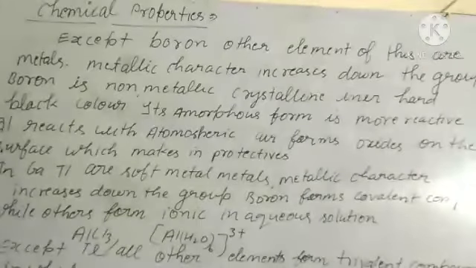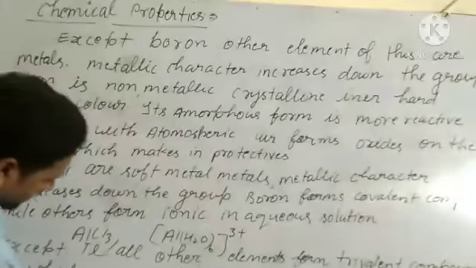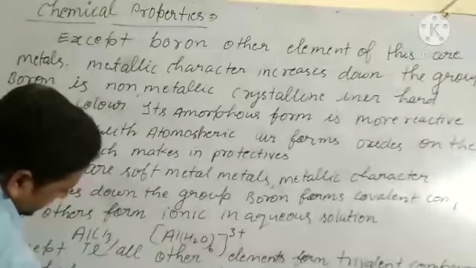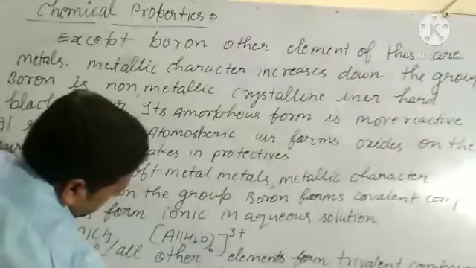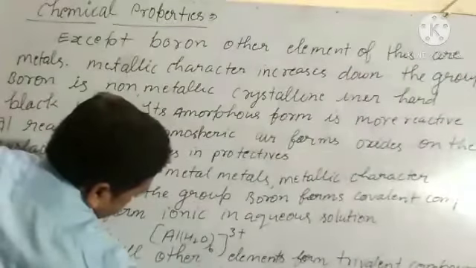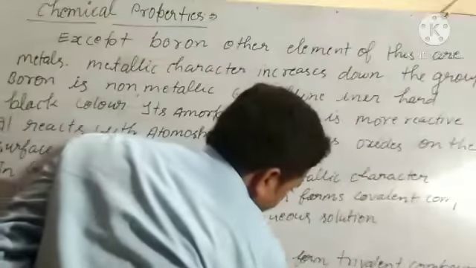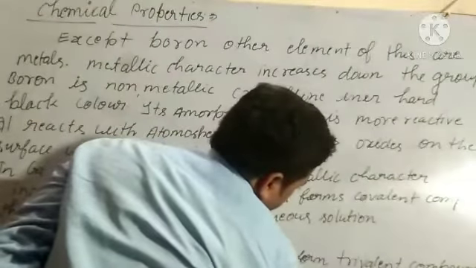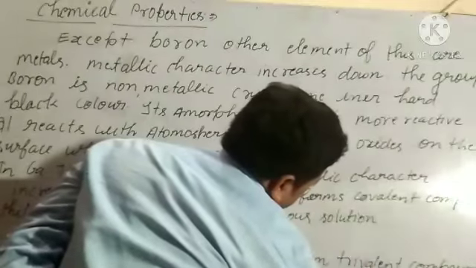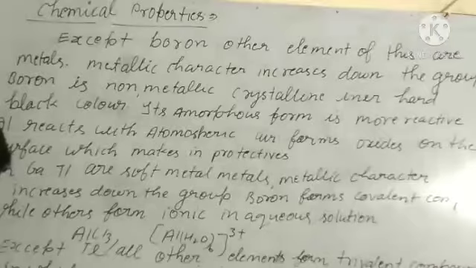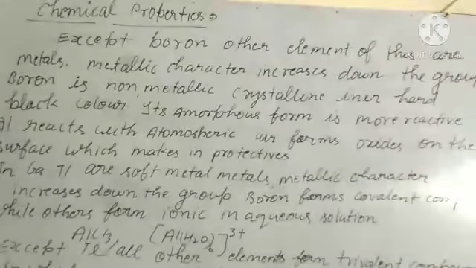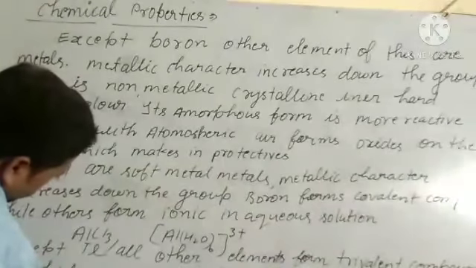The Lewis acid nature decreases down the group. So boron forms BCl3.